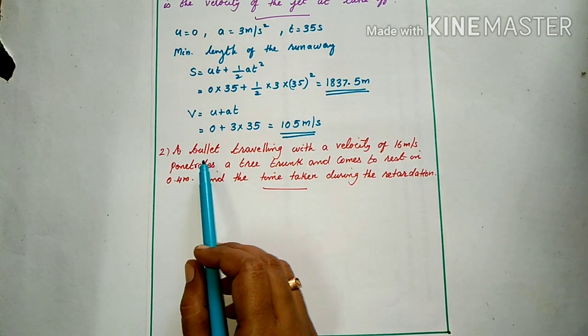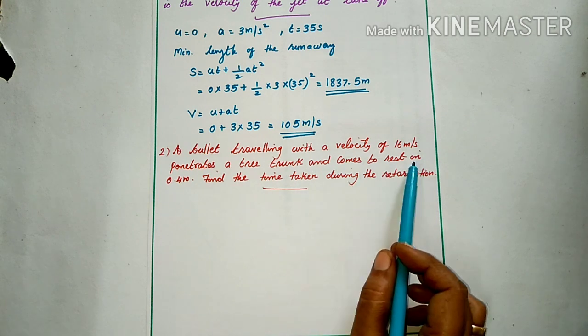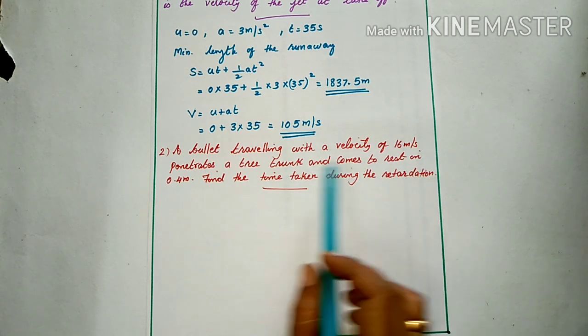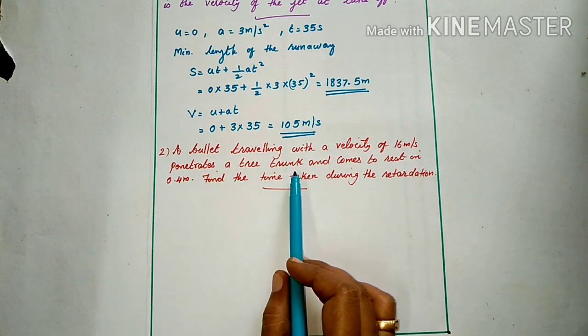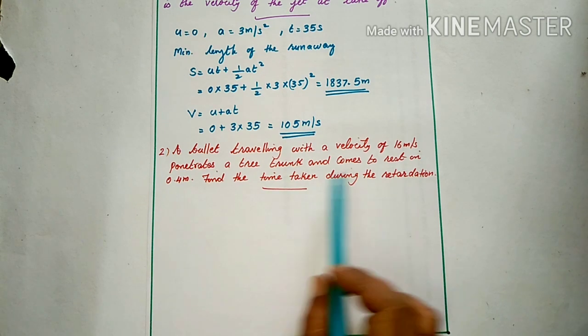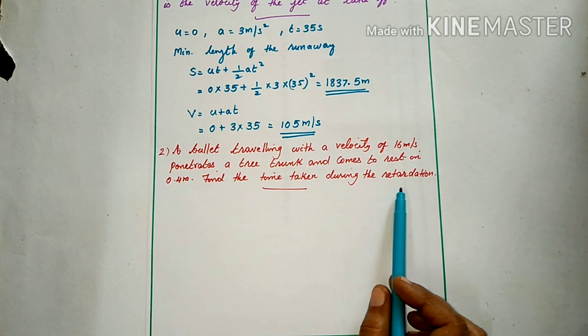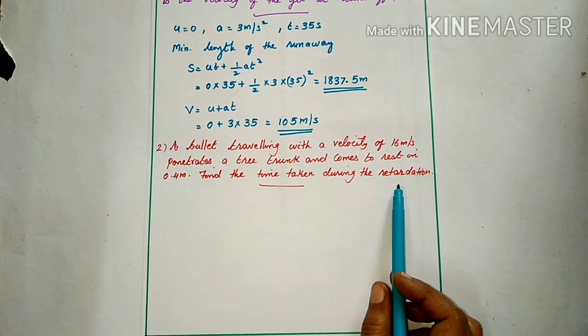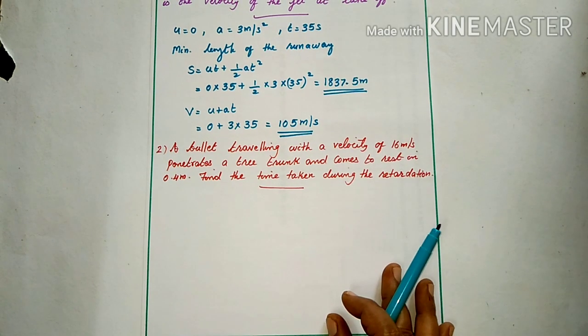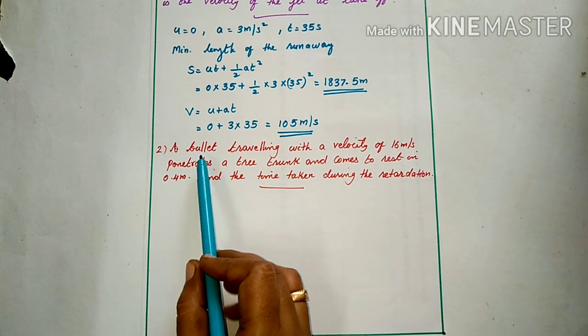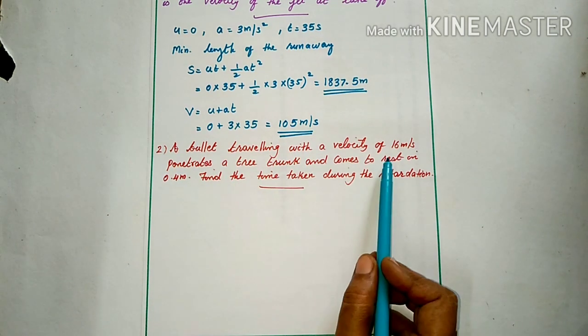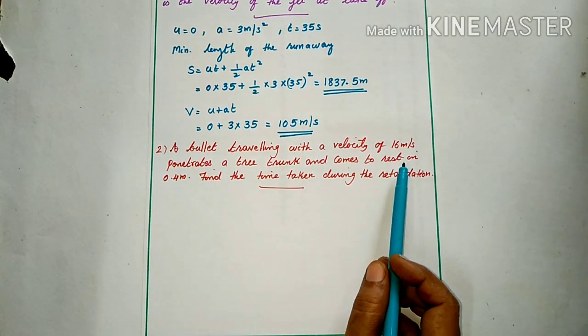Second question: a bullet traveling with a velocity of 16 meter per second penetrates a tree trunk and comes to rest in 0.4 meter. Find the time taken during the retardation. Retardation means negative acceleration. Here a bullet is traveling with a velocity of 16 meter per second.